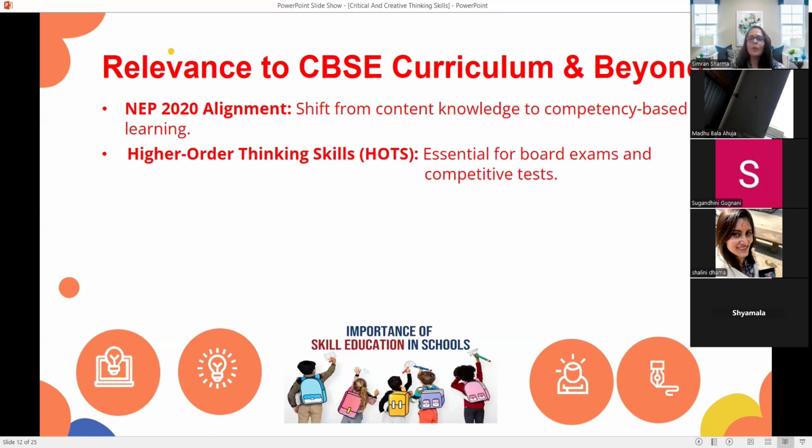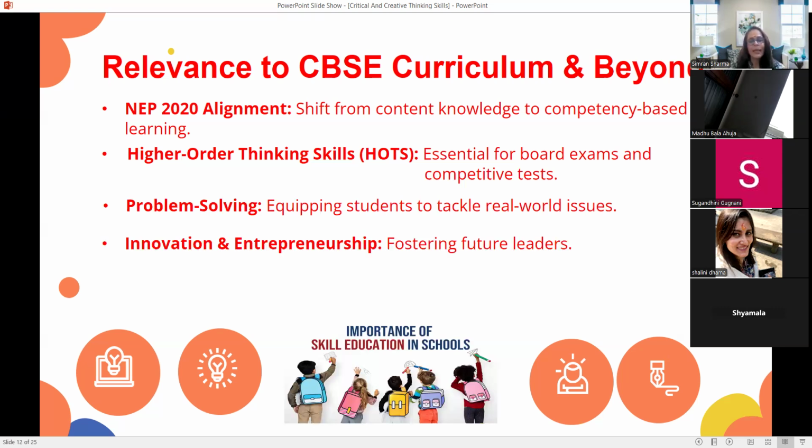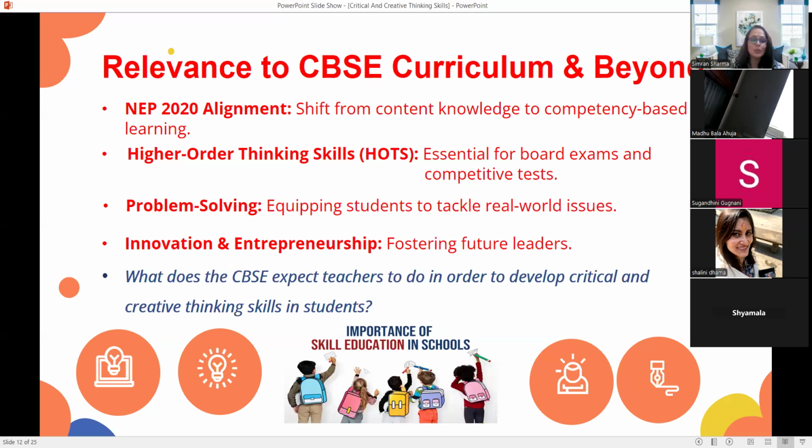That is important from the board exam point of view and the competitive exam point of view. It also equips students to tackle real world issues. This encourages students to think innovatively and become entrepreneurs, so they self-employ themselves as well as generate a lot of job opportunities for others.